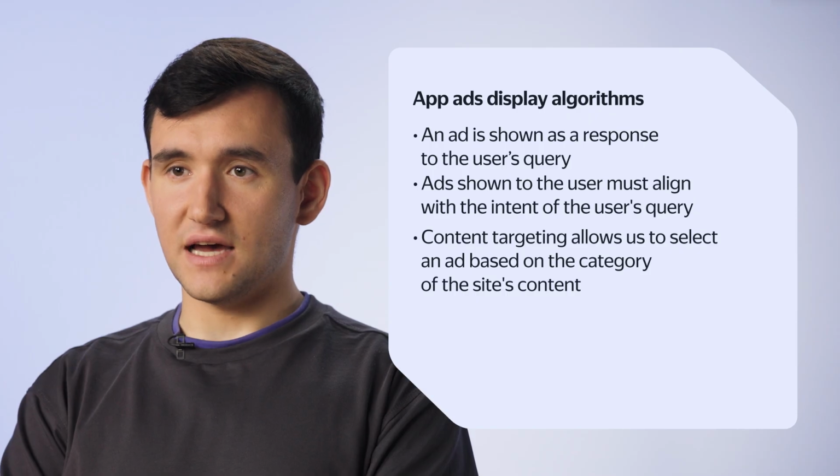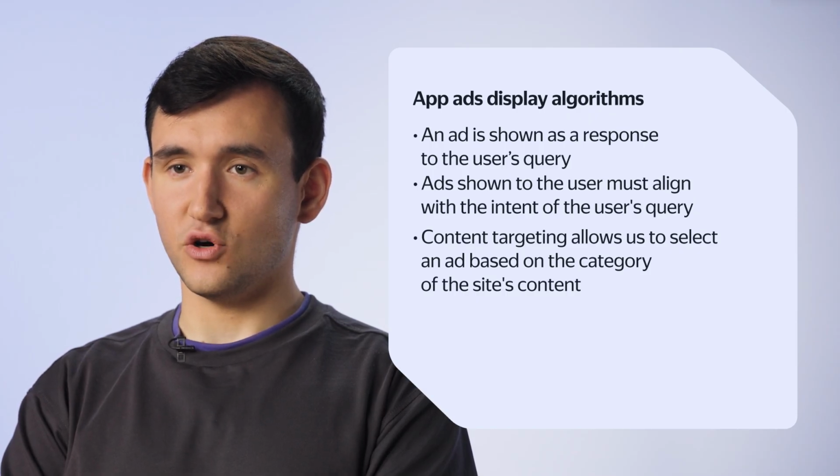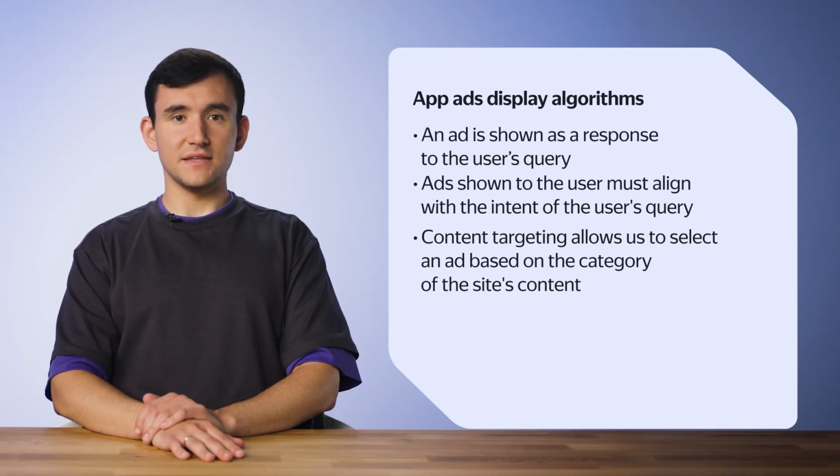We serve ads based on the user's interests, habits, and online behavior. For example, if a user is interested in buying real estate, we show them ads for real estate developers. Content targeting allows us to select an ad based on the category of the site's content. For example, this applies when we show an ad for a pet store on a themed forum about pets.